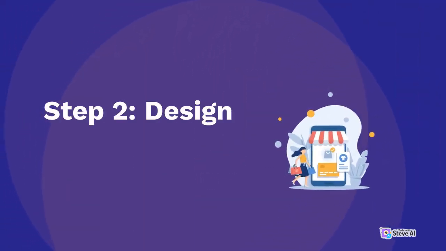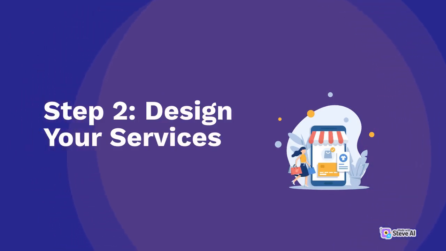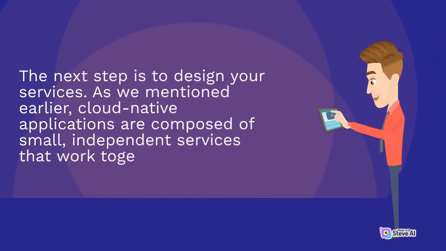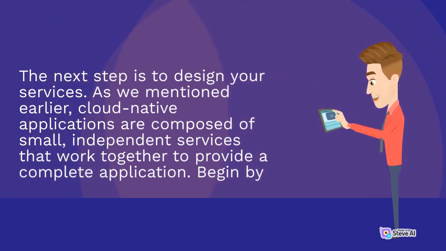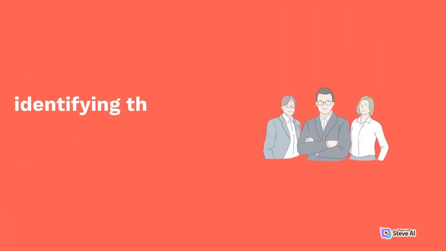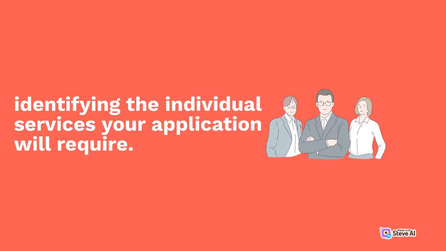Step 2. Design your services. The next step is to design your services. As we mentioned earlier, cloud-native applications are composed of small, independent services that work together to provide a complete application. Begin by identifying the individual services your application will require.